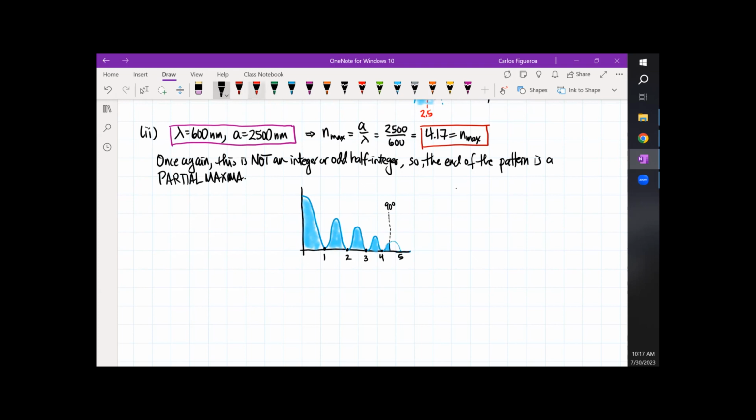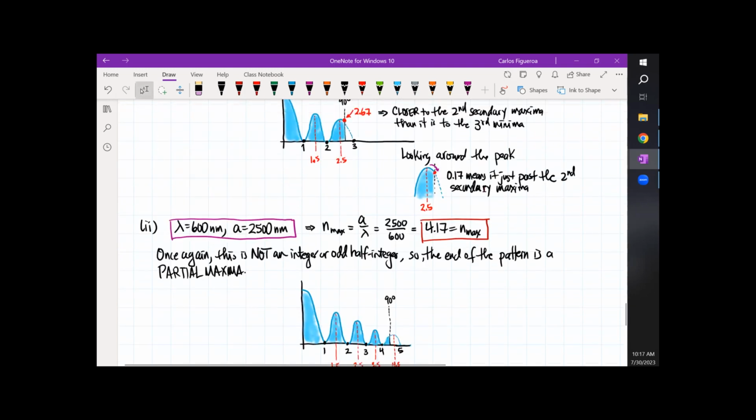Now let's look at my half values. Right here, this is 4.5. So you could see that it doesn't reach it here.